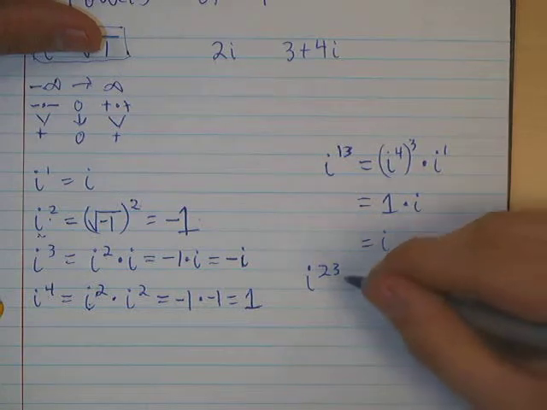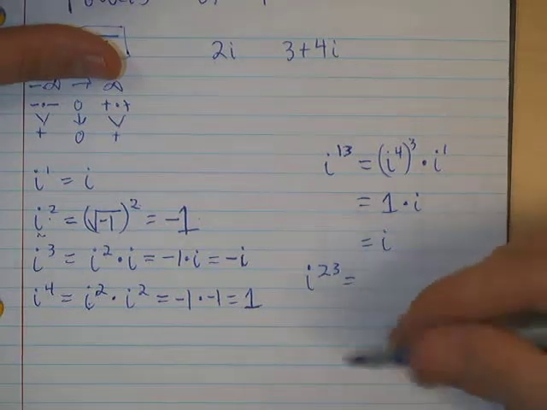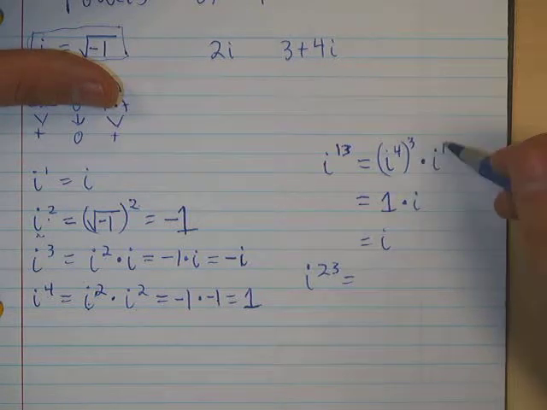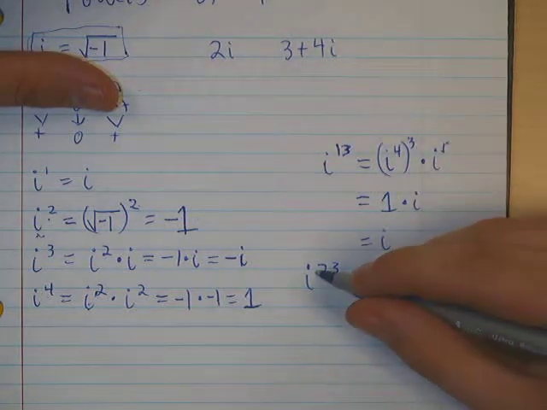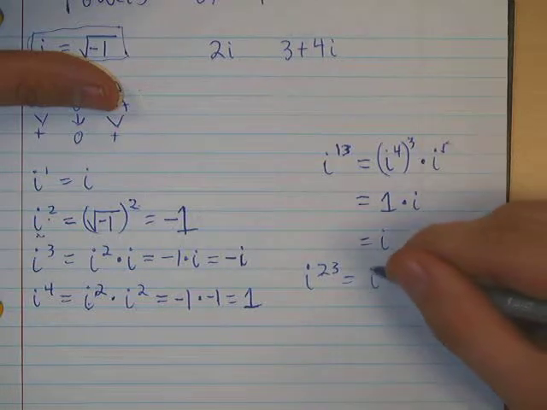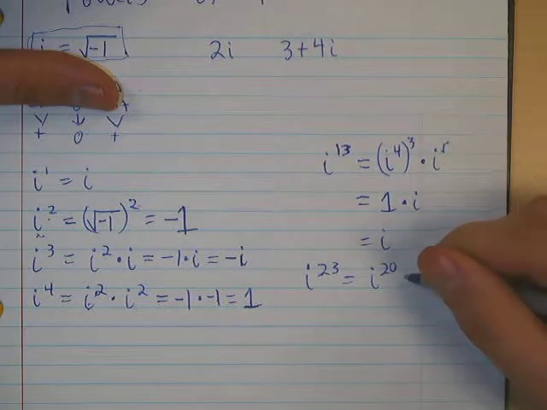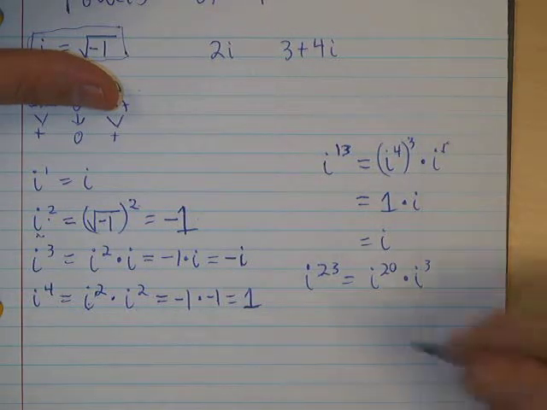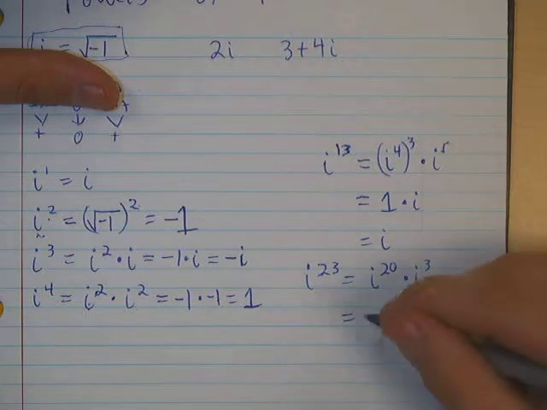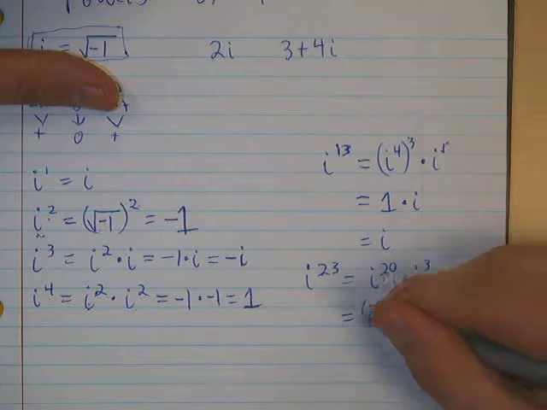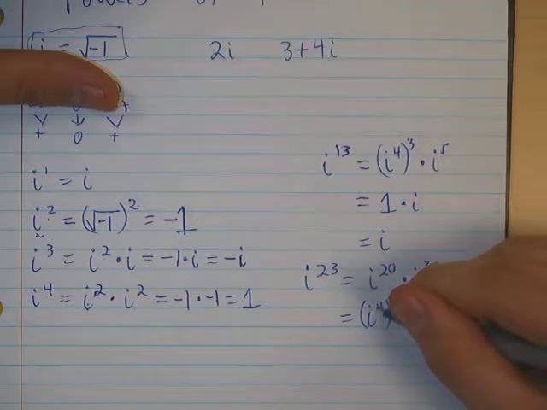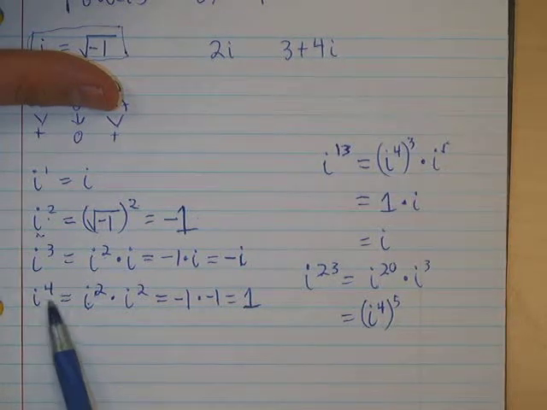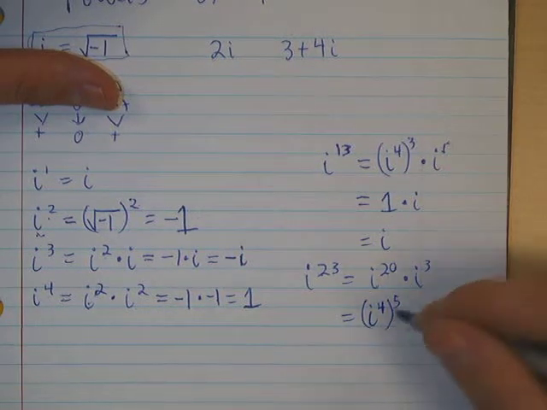Similarly, I can talk about, let's say, i to the 23rd. I want this to be some factor of 4 as one of my exponents, and then whatever's left. So I could get to 20 with 4: i to the 20th, times i to the 3rd, would give me i to the 23rd. i to the 20th can be written as i to the 4th, to the 5th.